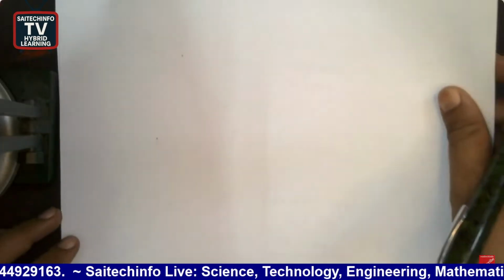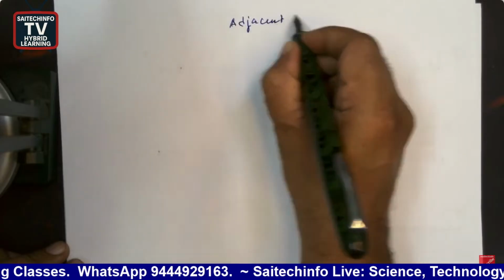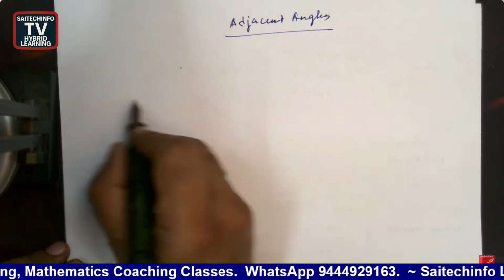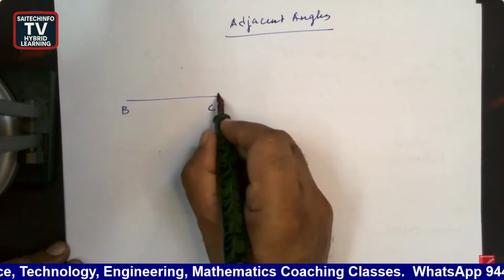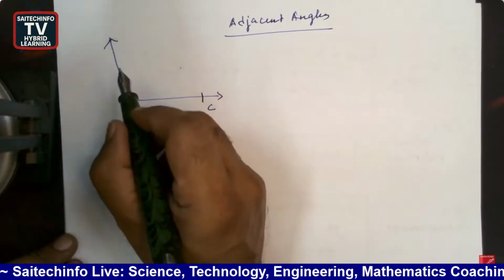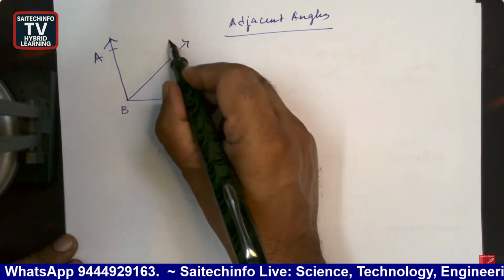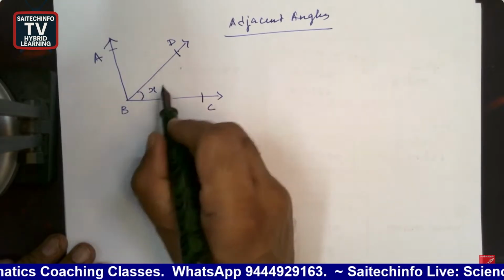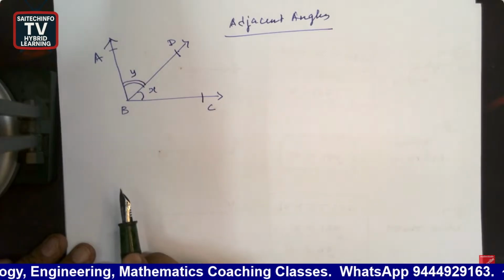Now let us talk about adjacent angles. Let us consider B, C. And we have another point A. In between you have another point D. So DBC, let me represent by X. Then DBA is represented by Y. Okay.